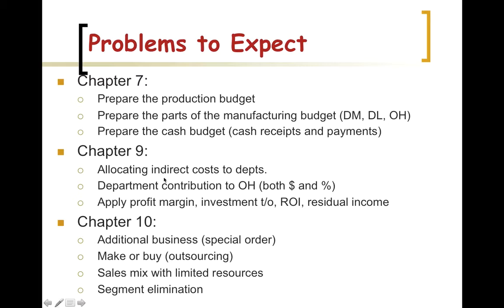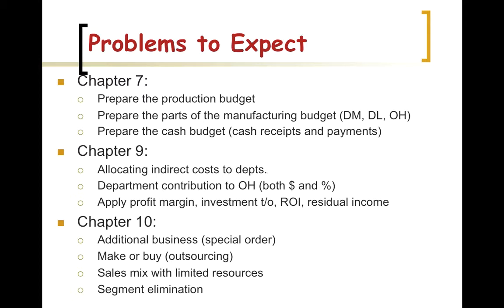For chapter 9, we talked about how to evaluate different levels of departments, cost centers, investment centers, revenue centers, profit centers. So I will ask you to allocate indirect costs to different departments using the cost drivers. So that would be a level of profit centers.